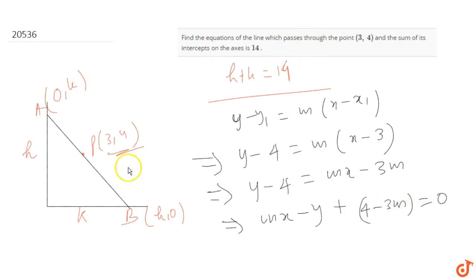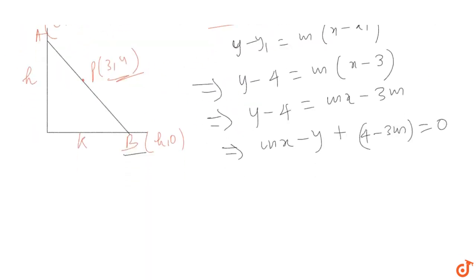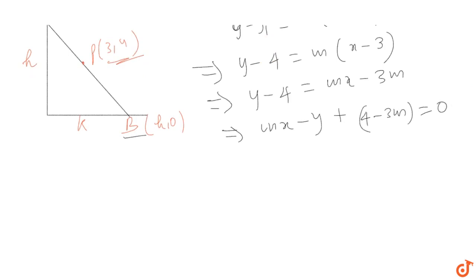If we simplify this, it would look like mx minus y plus 4 minus 3m equals 0. Now this line would be satisfied by both the points A and B. So let's first satisfy it with (h, 0): put x as h and y as 0.